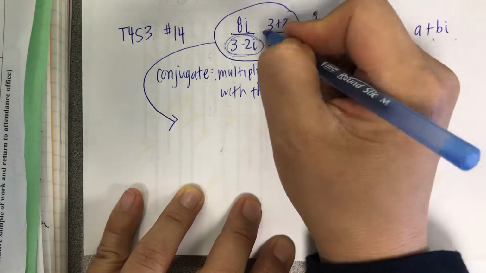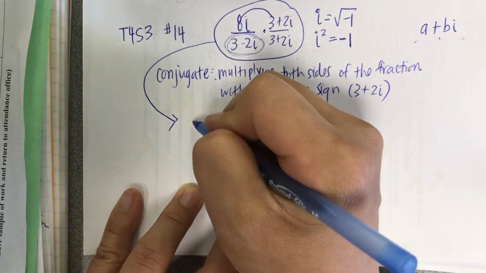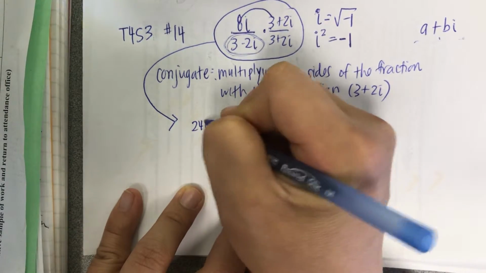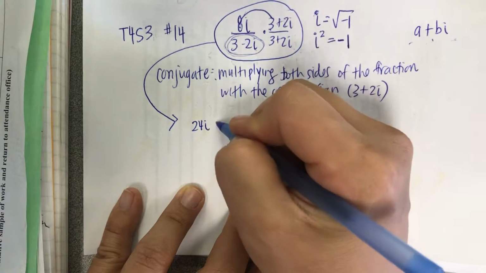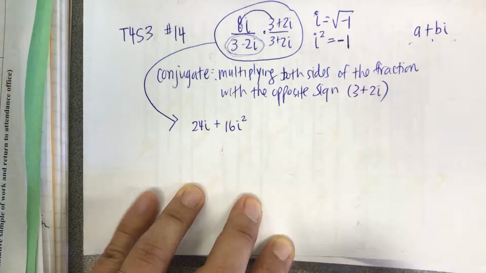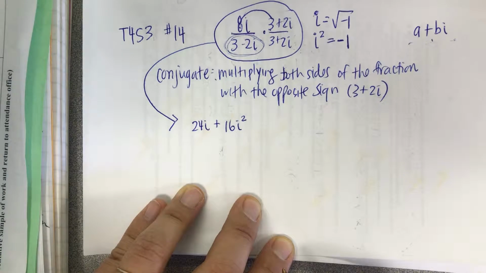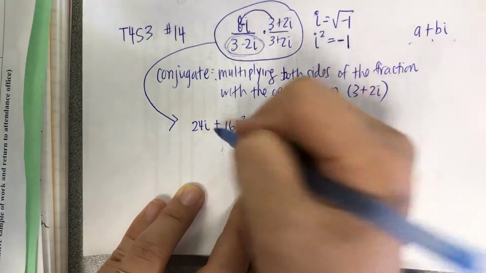Okay, so now what I need to do is I've got to distribute. I'm going to go 8i times 3, which is going to be 24i, and then 8i times that is going to be plus 16i squared. Okay, and what did I say again that you should do every single time? Oh, sorry, I wrote this incorrectly. It's 8 minus i, okay?